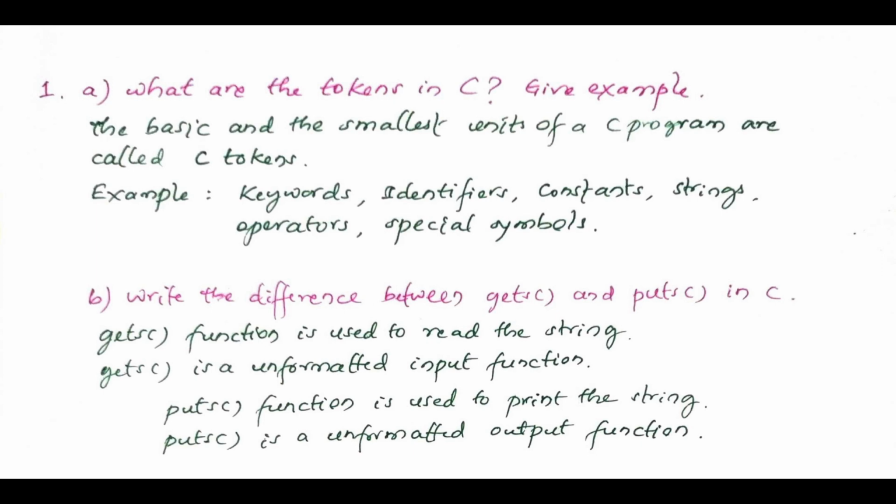The next question is, write the difference between gets and puts function in C. gets means get the string from the keyboard. puts means put the string on the screen.